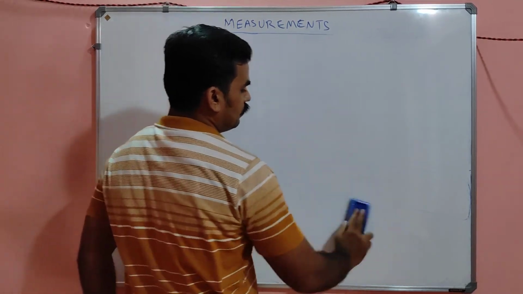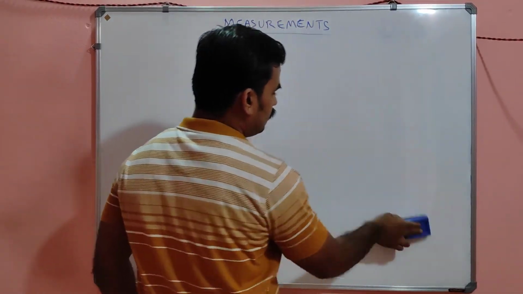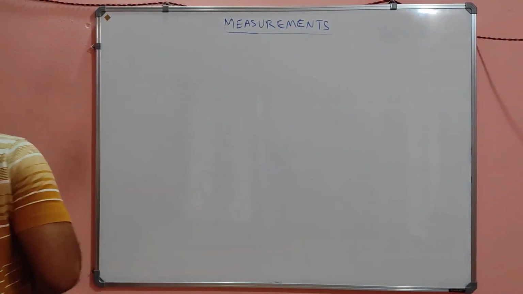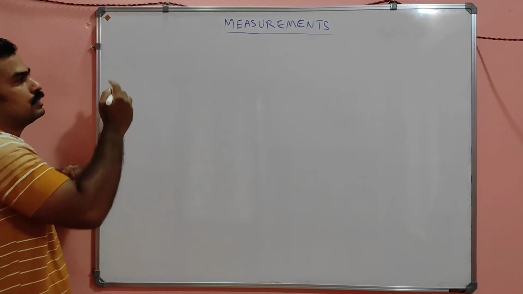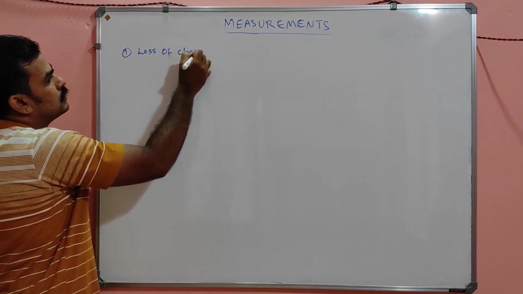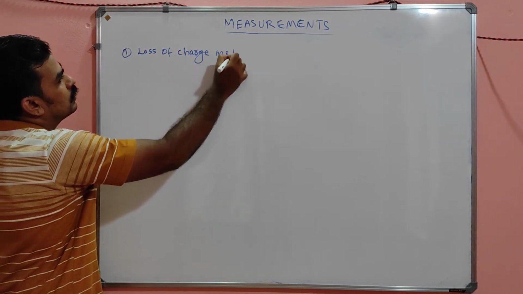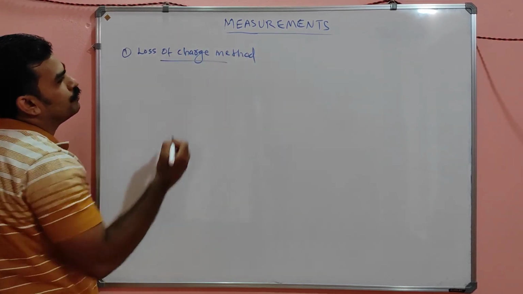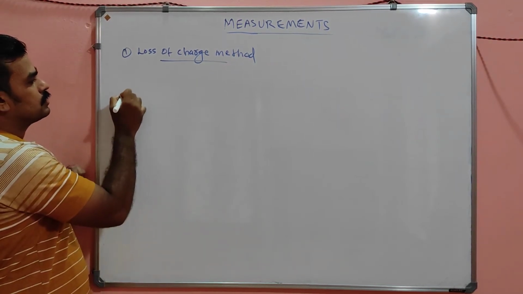So that's all for medium resistor important methods. For maximum resistance or high value of resistance, loss of charge method. Just remember the circuit diagram ideas.